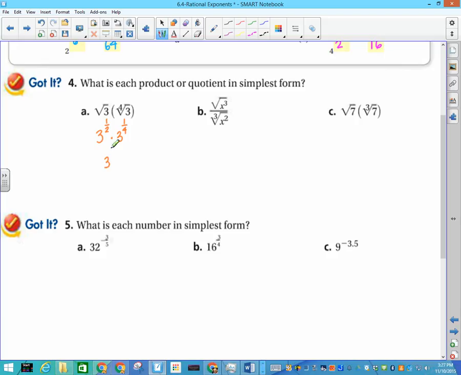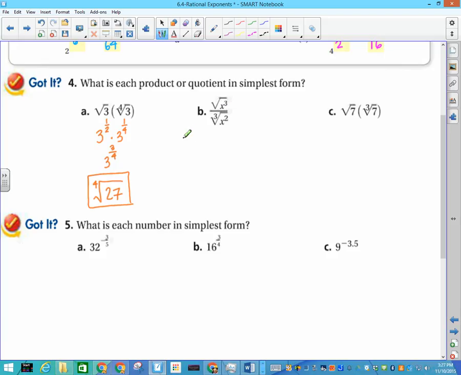And 1/2 plus 1/4 is 3/4. And so I'm going to put that back into the radical because that's what it came as. So that's the fourth root of 3 to the third. And 3 to the third is 27. So that's what that equals. Might mess with your brain a little bit, but you practice.